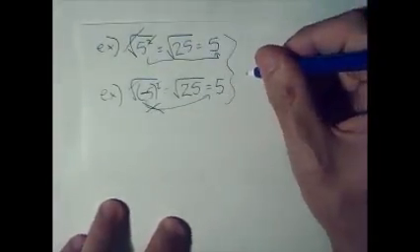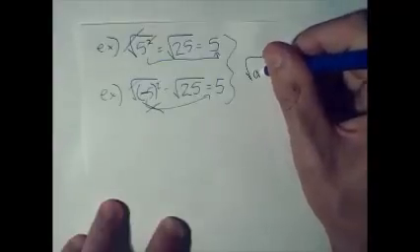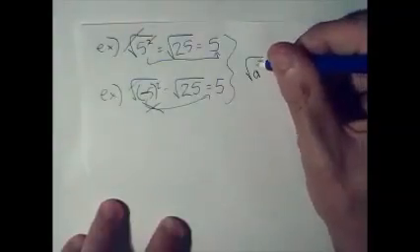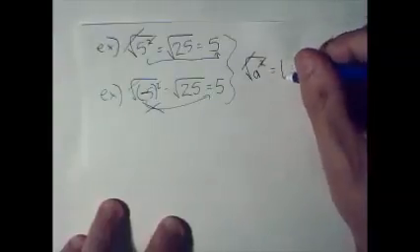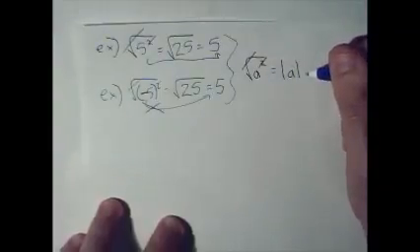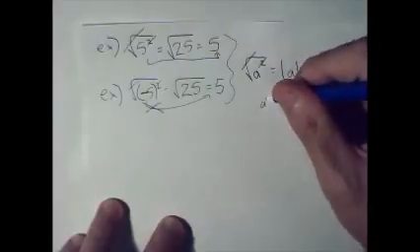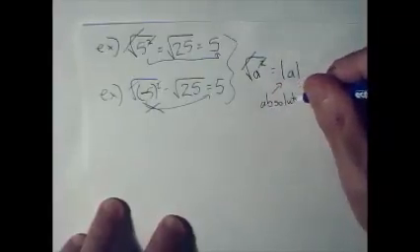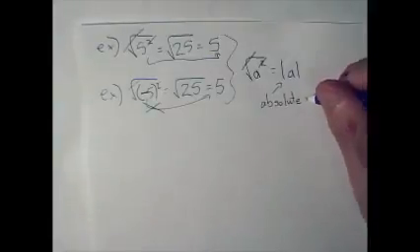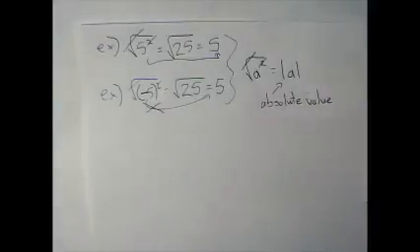For that reason, if I have a variable underneath, yes, the square cancels out the square root, but what I say is the absolute value of A. Remember, absolute value denoted with those two straight lines. Absolute value is what makes things positive.